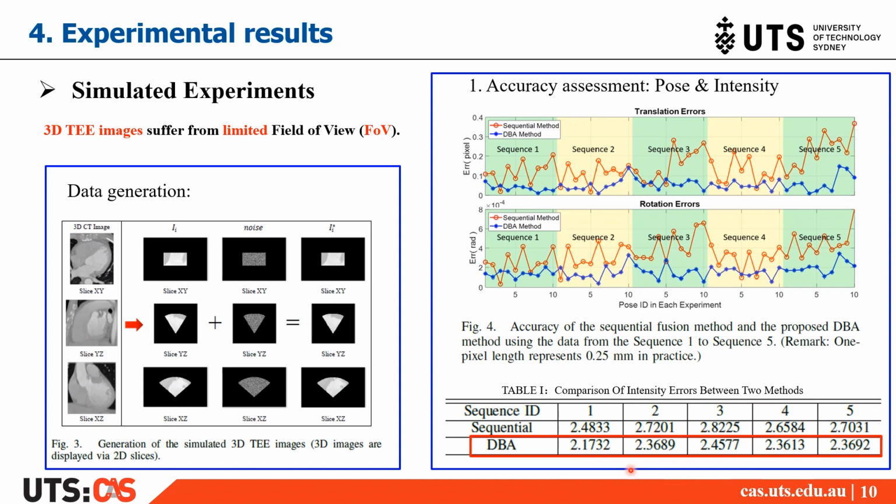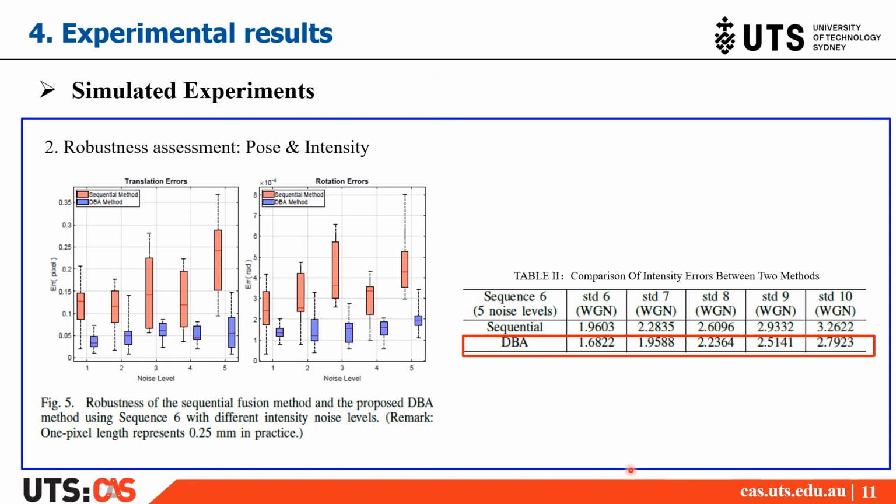The smaller errors of the results from the DBA method indicate that the proposed method has better accuracy than the sequential method. Our second experiment is to assess the robustness of the proposed method to intensity noise. We generate one sequence of 3D TE images and 5 noise levels, with the corresponding standard deviation of white Gaussian noise from 6 to 10 added to the images respectively.